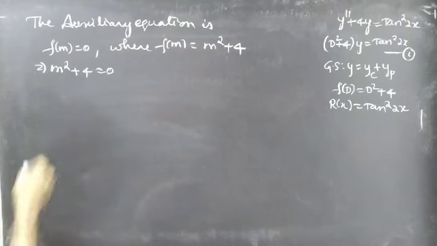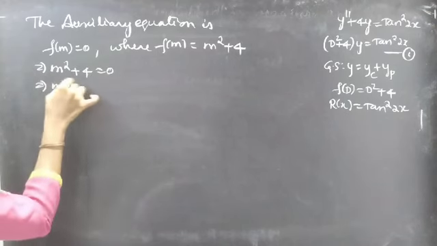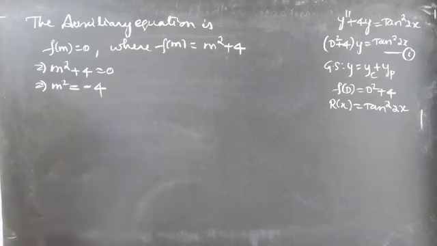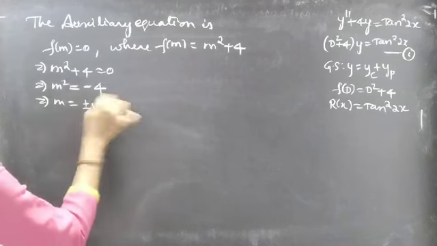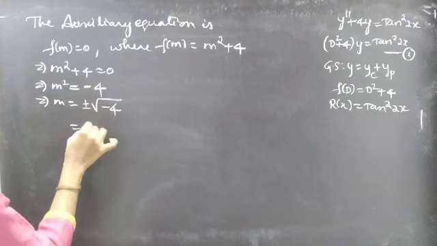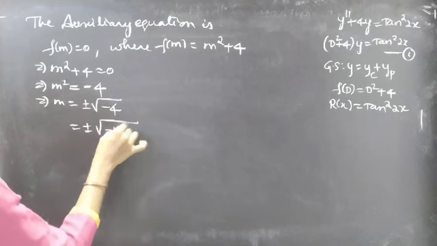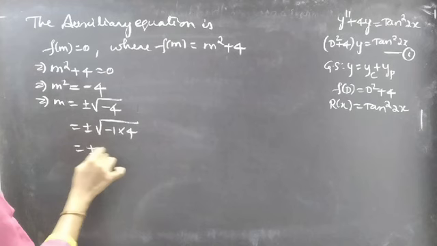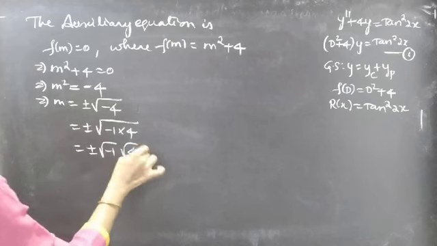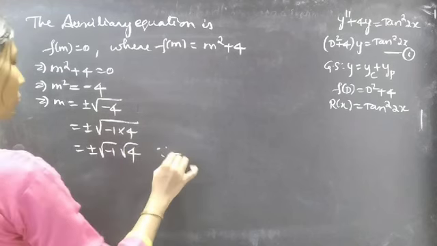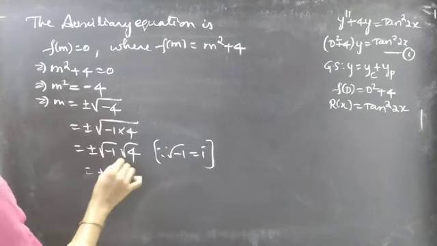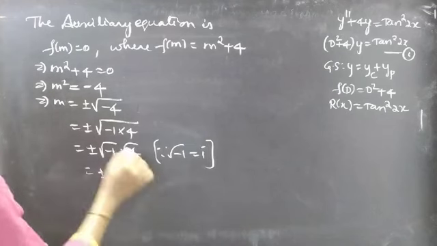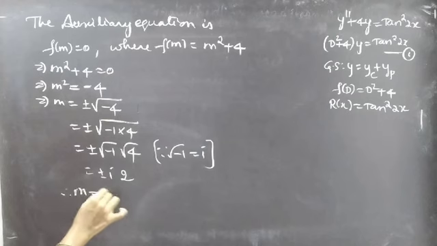Now we need to find the roots, so we'll take plus 4 to the RHS, we'll get m square equal to minus 4, then m equal to plus or minus square root of minus 4, which equals plus or minus square root of minus 1 into square root of 4. Since square root of minus 1 is i, we'll replace it with i. We'll get plus or minus i into square root of 4, which is 2. So therefore m equal to plus or minus 2i.